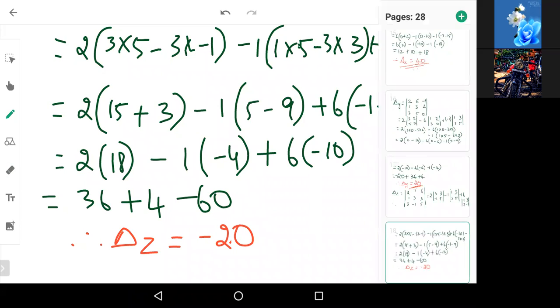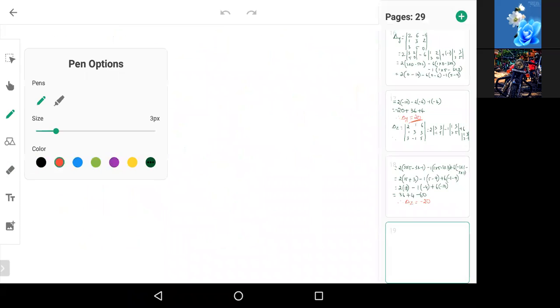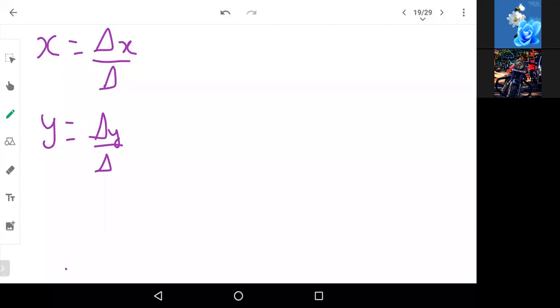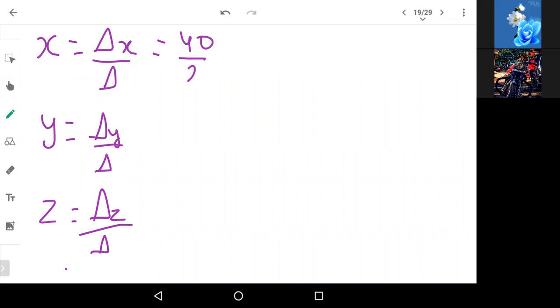Okay. So finally, x is equal to delta x by delta, y is equal to delta y by delta, z is equal to delta z by delta. So delta x is 40 by 20, which is nothing but 2.